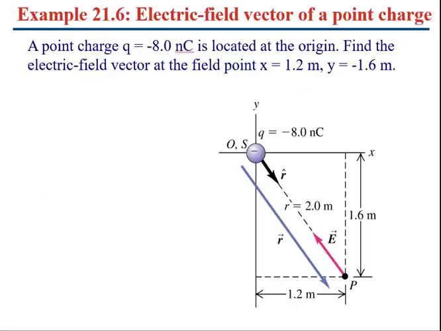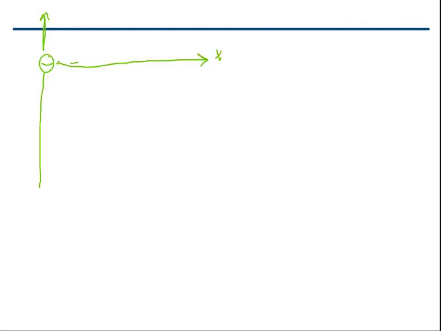Where is our point? Our point is located at the coordinates 1.2 along x, and negative 1.6 along y. So our point is here. This is the point P.